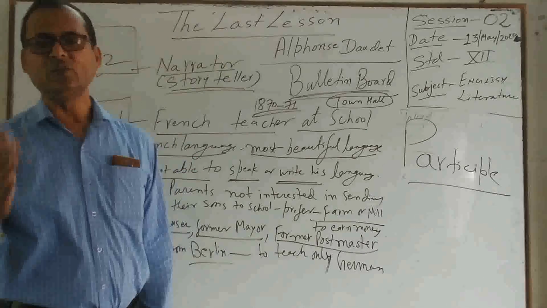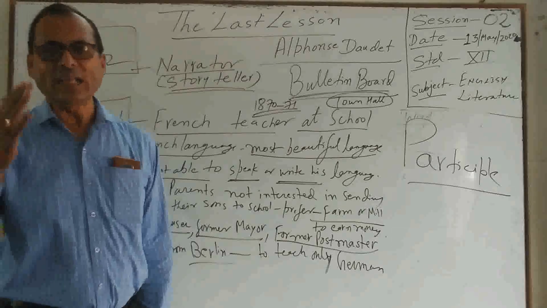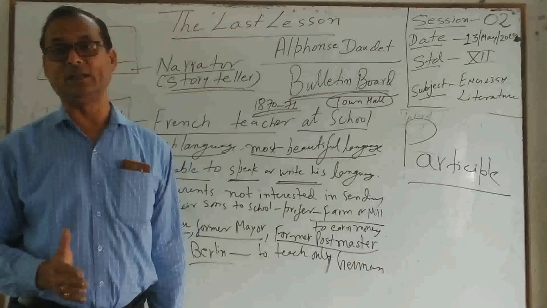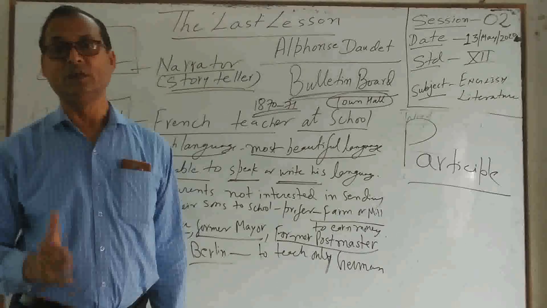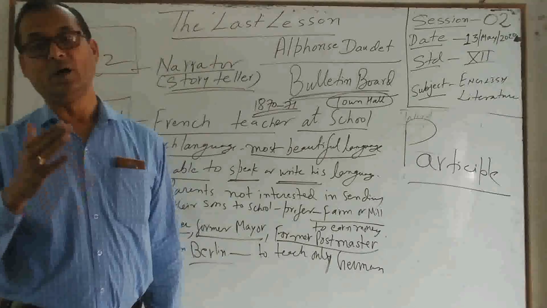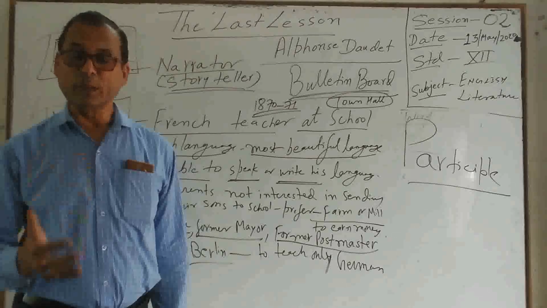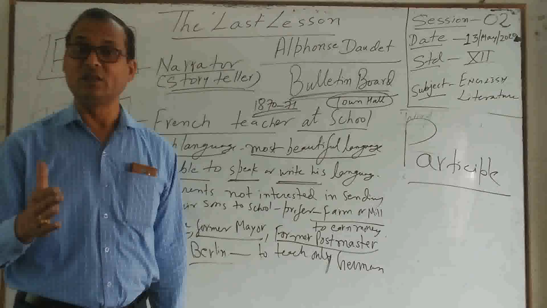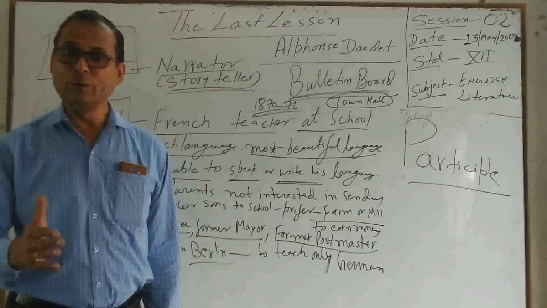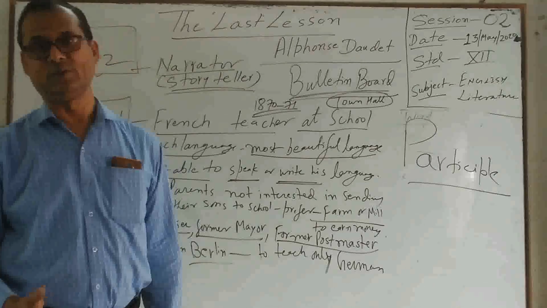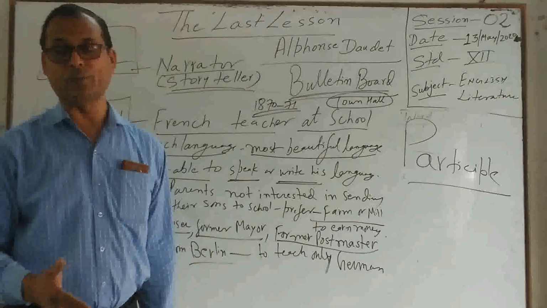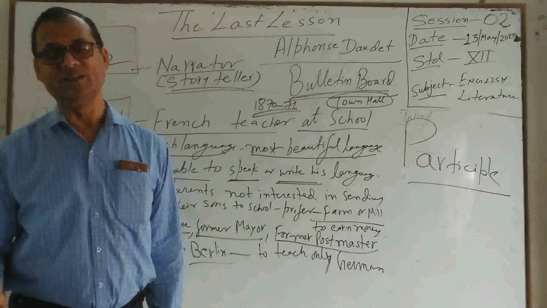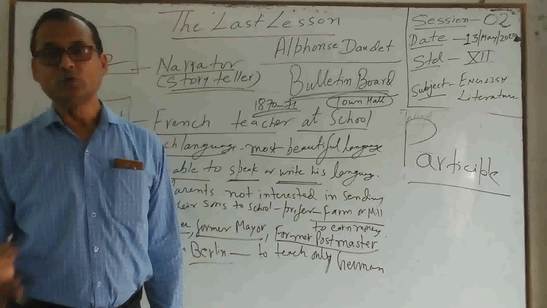The French lesson is going to be denied, going to be banned, and after 12 today the German language will be taught to the students or to the people of this area. Although this area was a French area, now under the effect of the defeat of the French at the hands of the Prussian army, this was the main effect.